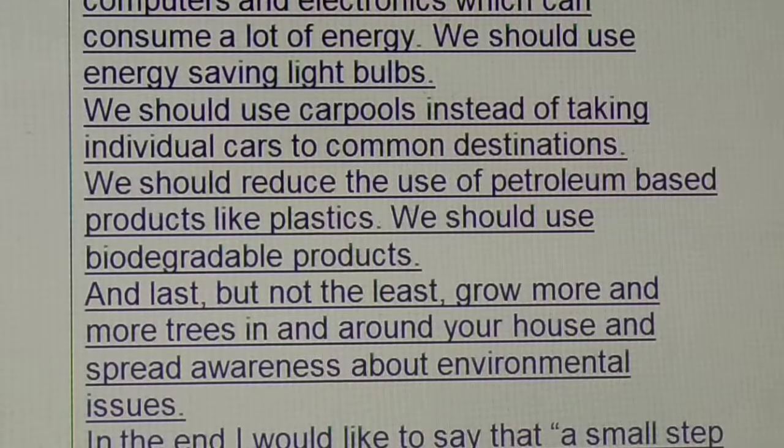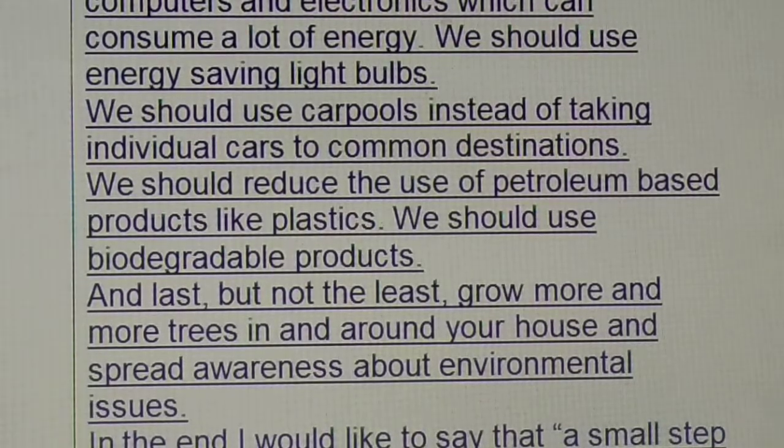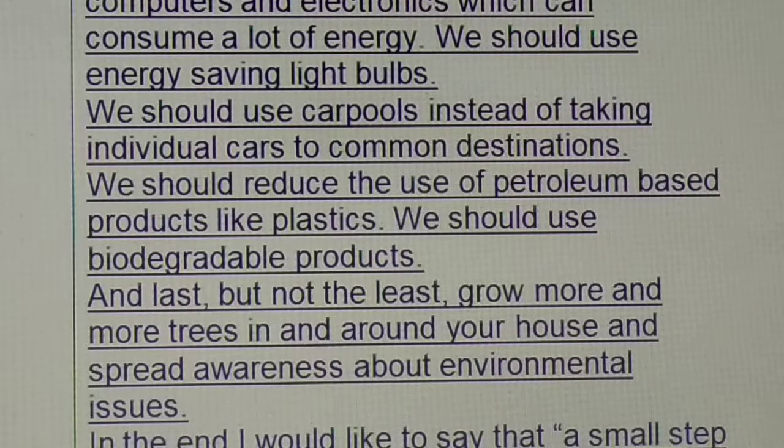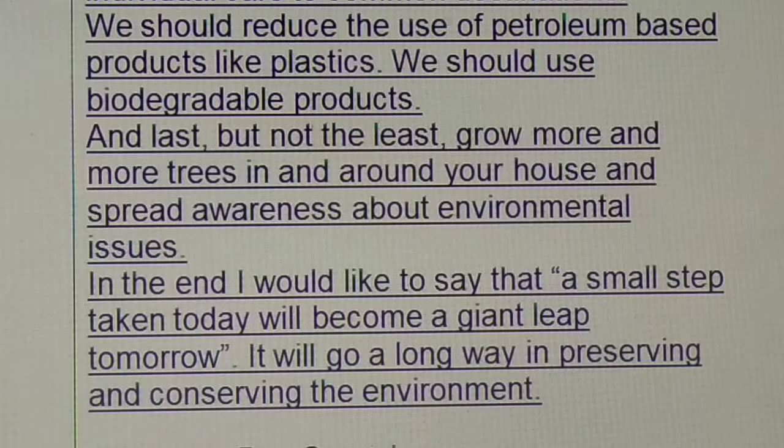And last but not the least, grow more and more trees in and around your house and spread awareness about environmental issues. In the end, I would like to say that a small step taken today will become a giant leap tomorrow. It will go a long way in preserving and conserving the environment.